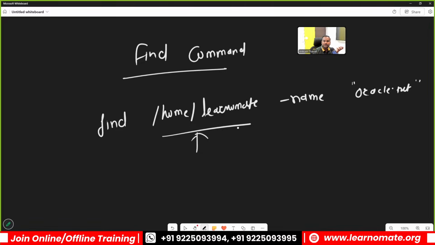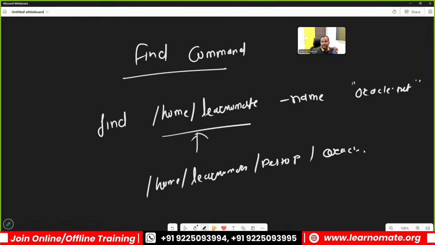As soon as I run this command, if the file is available in a subdirectory, let's say /home/learnomate/desktop, and oracle.txt is available in that location, it will give you the complete path of that file.